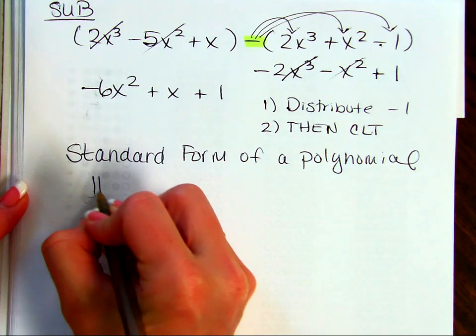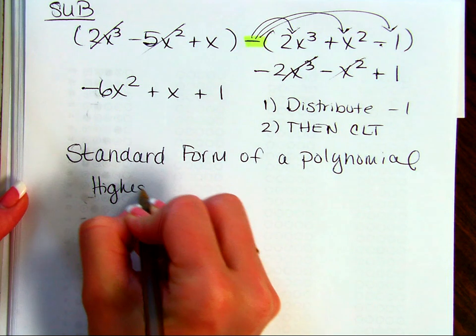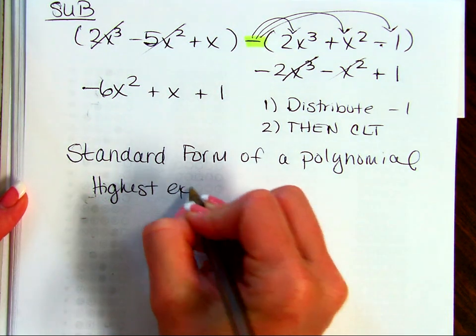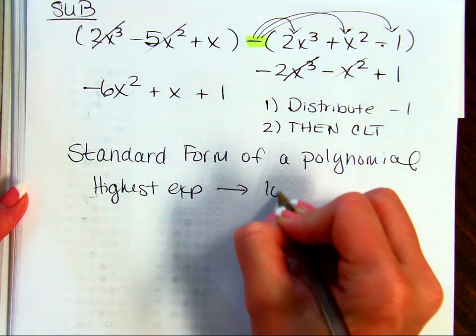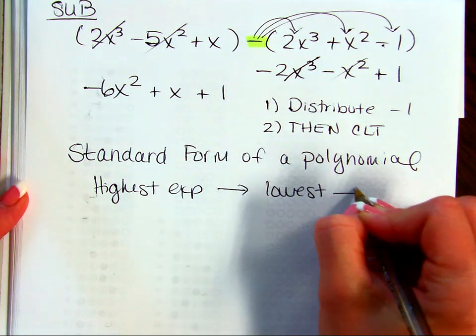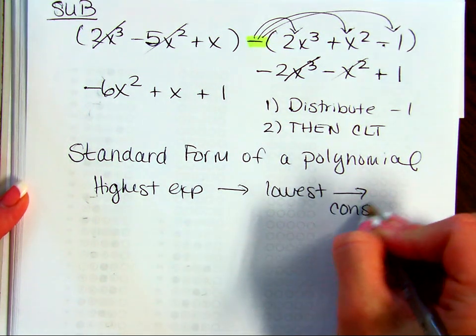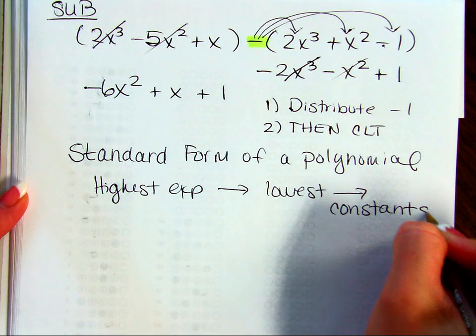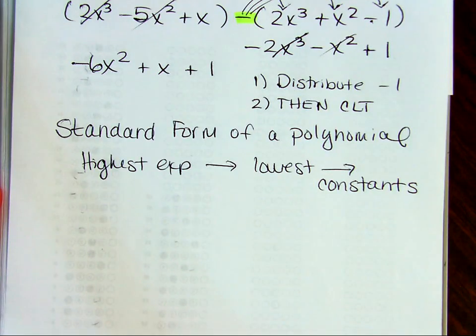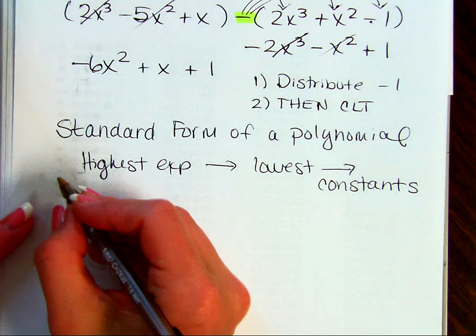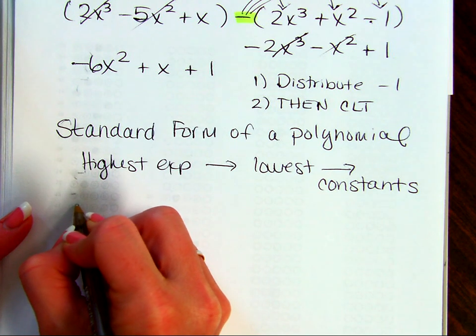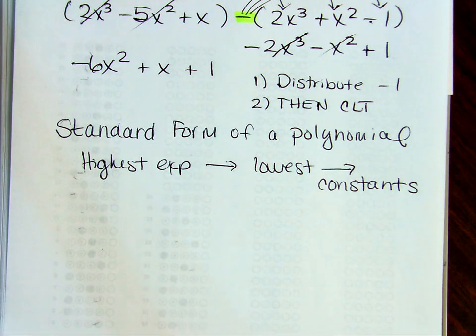It's the highest exponent all the way down to the lowest exponent, and your constant should always be last, okay? So what if they ask you to combine or subtract?